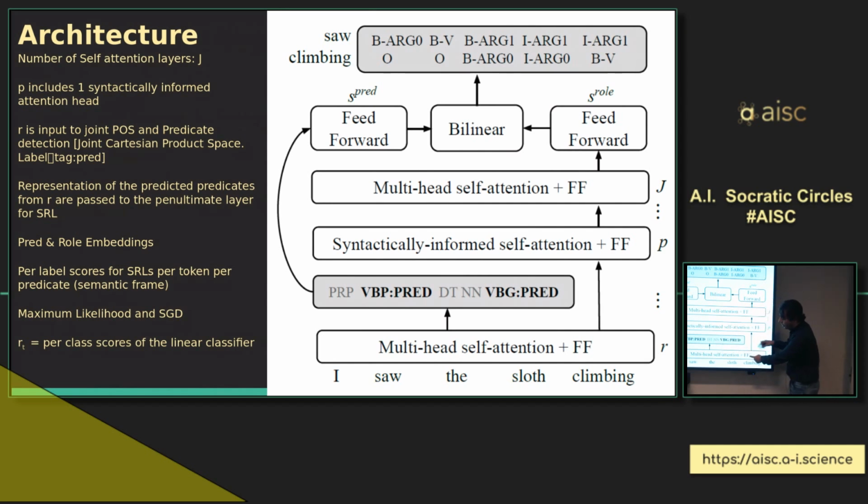That layer and its parameters and the result of that layer is shared with the semantic role labeling already, right? And that's very important. Just to finish the thought, the syntactic information is conveyed both towards the semantic role labeling part, as well as the predicate embedding.